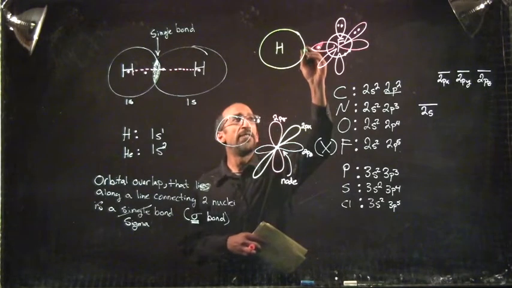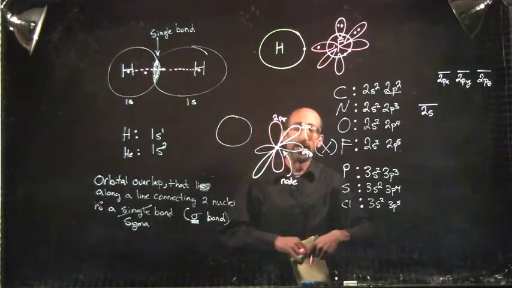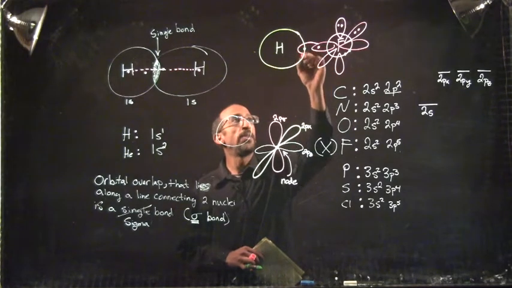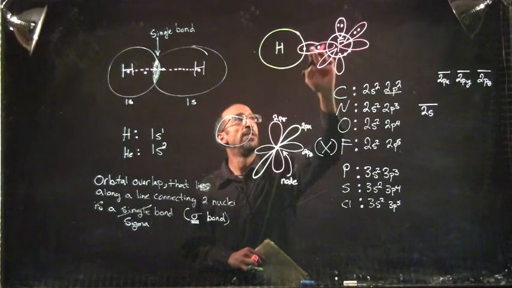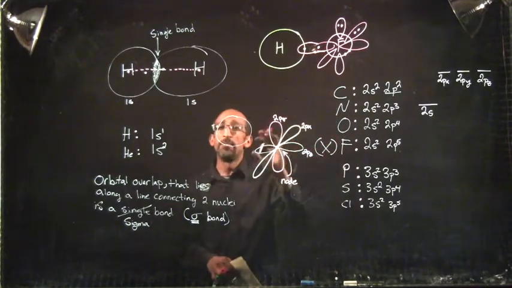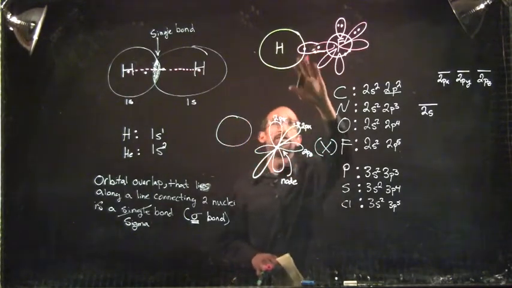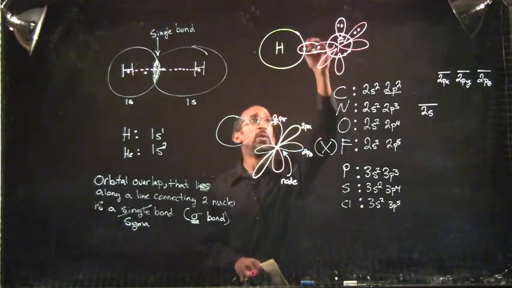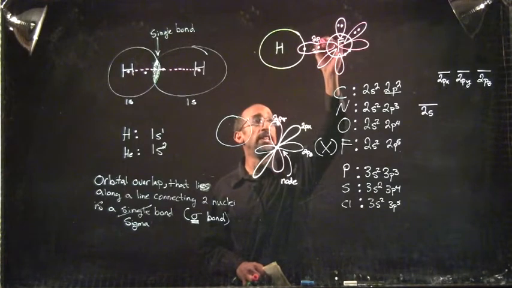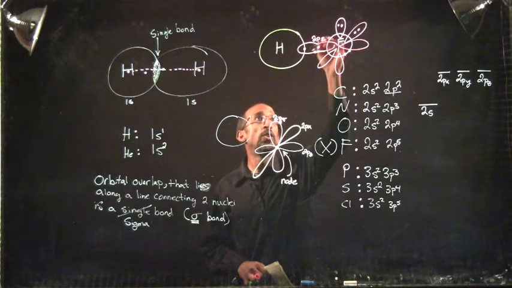We see now that we have the opportunity to form a covalent bond. And if we overlap our p orbital with our s orbital, we have now created a covalent bond. 1 electron from hydrogen, 1 electron from fluorine. We're going to arbitrarily say that this p orbital is a 2pz orbital.